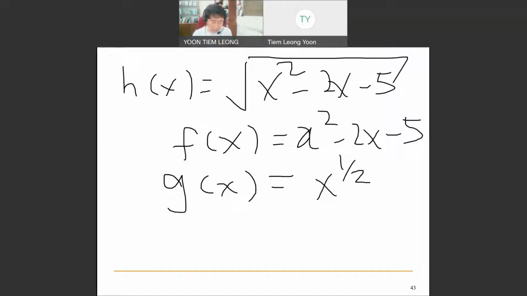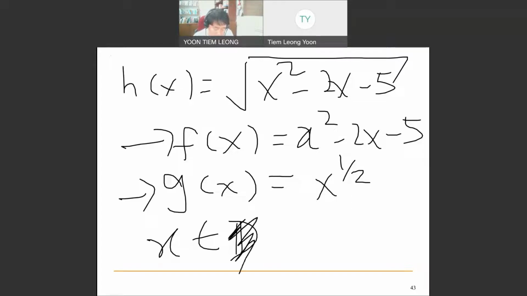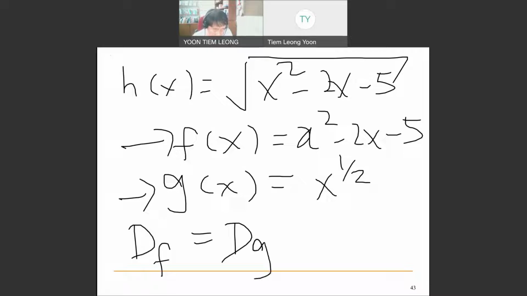So you look at function f and function g. Function f is defined and continuous throughout all values of x in the real numbers. Let me say that the domain of f and the domain of g is equal to all the real values from negative infinity to infinity.